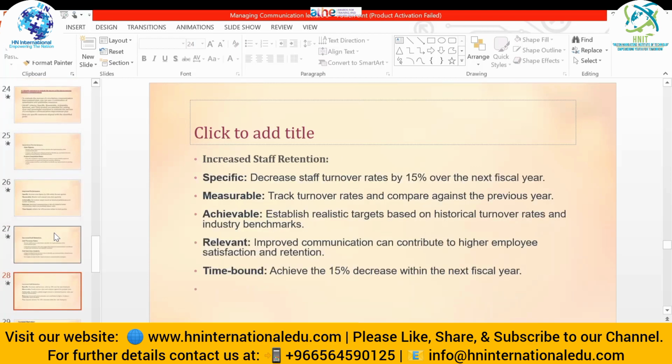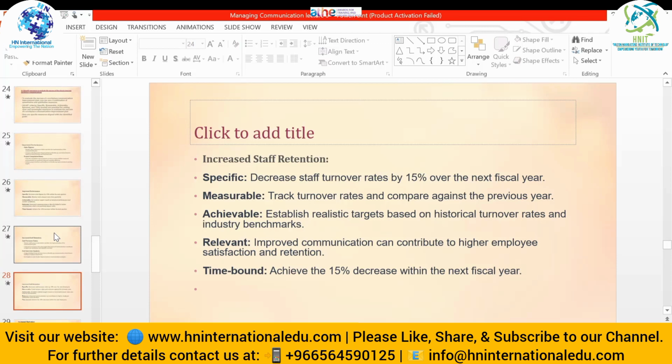Now, this is the example for it. Decrease the staff turnover rates by 15% over the next fiscal year, the new year. Track turnover rates and compare against the previous year. Establish realistic targets based on the historical turnover rates and industry benchmarks. That is what is happening in the industry and what is happening in the market and your organization.